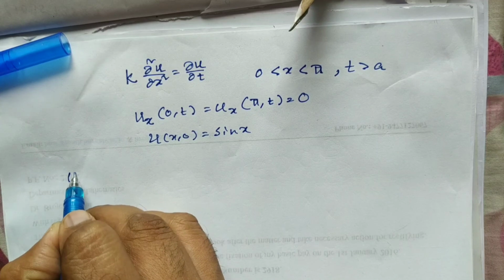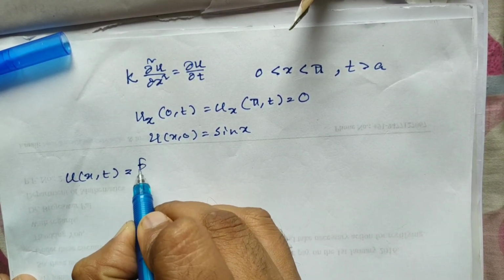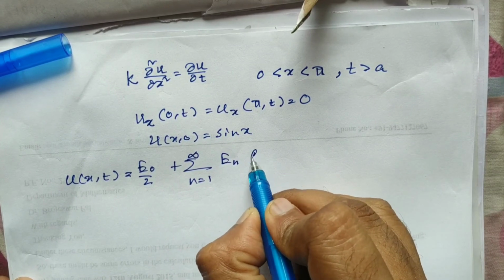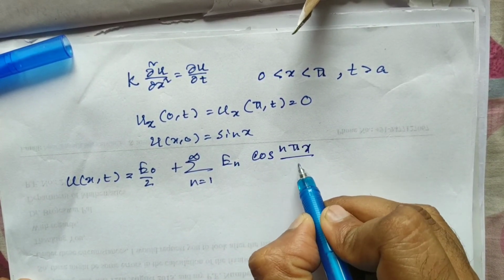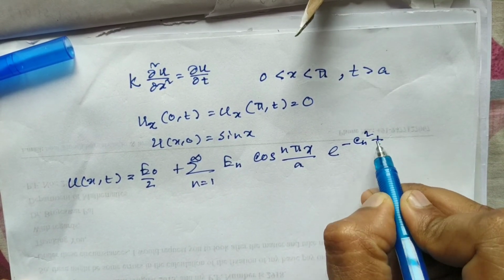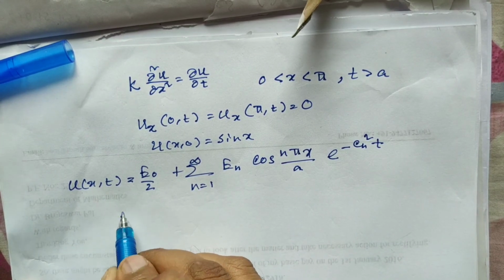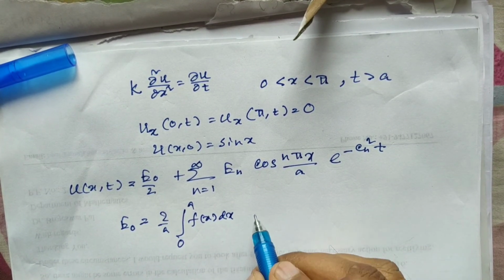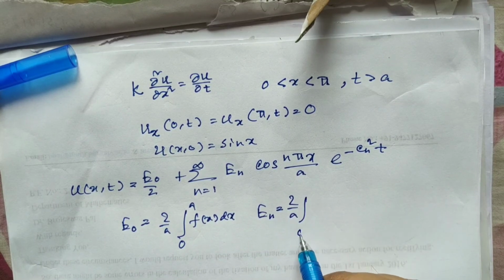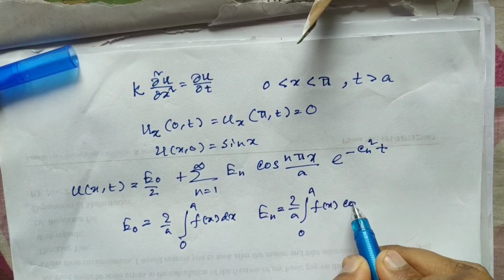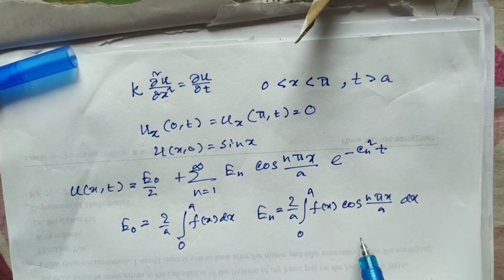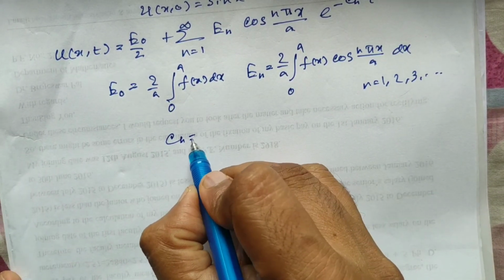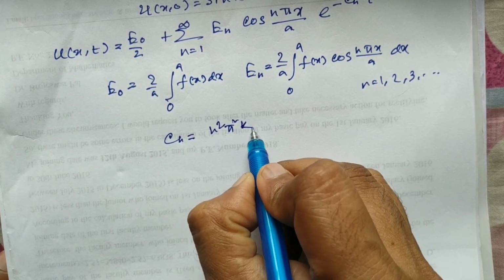I am not going to the whole details. u(x,t) is equal to e0 over 2 plus the sum from n equal to 1 to infinity of en cos(n pi x by a) e to the power minus cn square t, where your e0 should be given as 2 by a integral 0 to a f(x) dx, en is given as 2 by a integral 0 to a f(x) cos(n pi x by a) dx for n equal to 1, 2, 3, etc. and cn is equal to n square pi square k over a square.